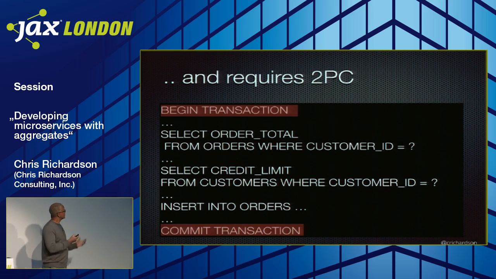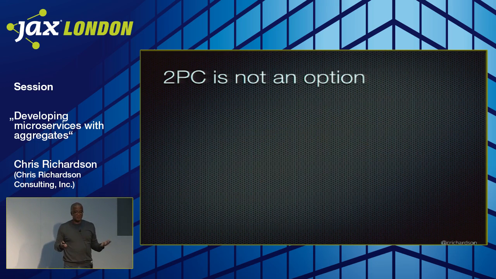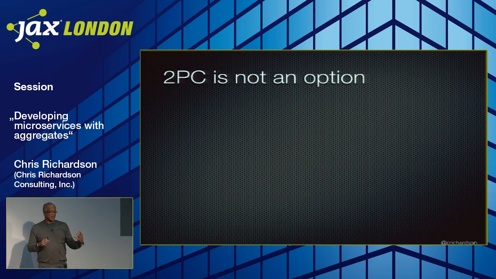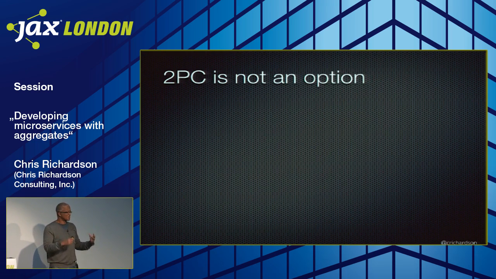Not only that, relying on a transaction would have to span multiple services as well, which would require some form of distributed transaction. The problem is that in modern applications, two-phase commit or distributed transactions are not an option. It's not a viable technology to use in modern applications.